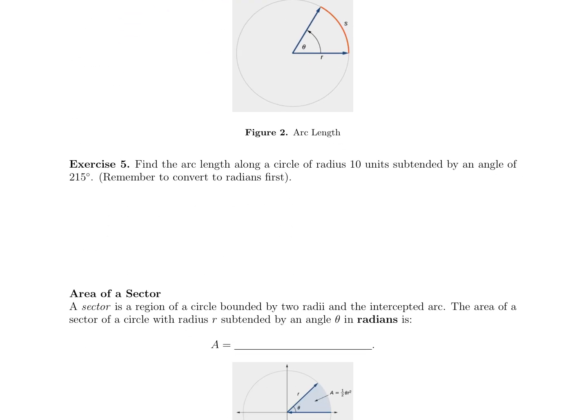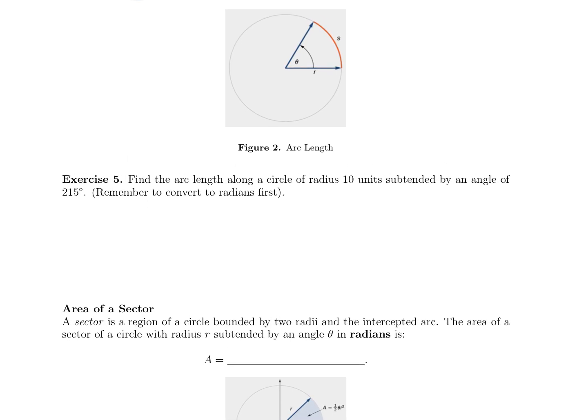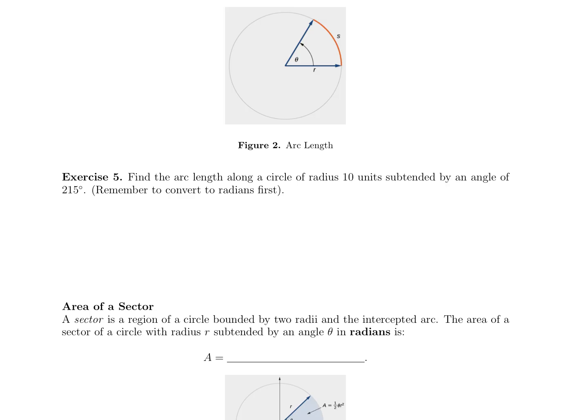So here we go. Find the arc length along a circle of radius 10 units subtended by an angle of 215 degrees. So they give you the reminder to convert to radians first. That's our first step. So we know how to do that. We have to multiply the angle 215 by pi over 180 degrees.